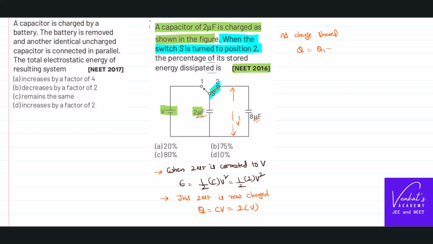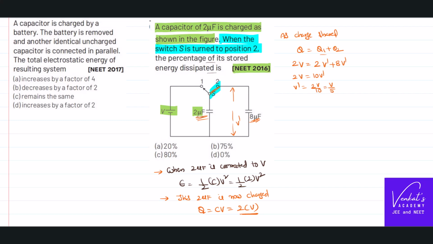Q can be written as Q1 plus Q2. So 2V equal to C1 V1 plus C2 V2, that is 2 times V dash plus 8 times V dash, because these two are in parallel. So 2V equal to 10 V dash, and V dash equal to 2V by 10, that is V by 5.